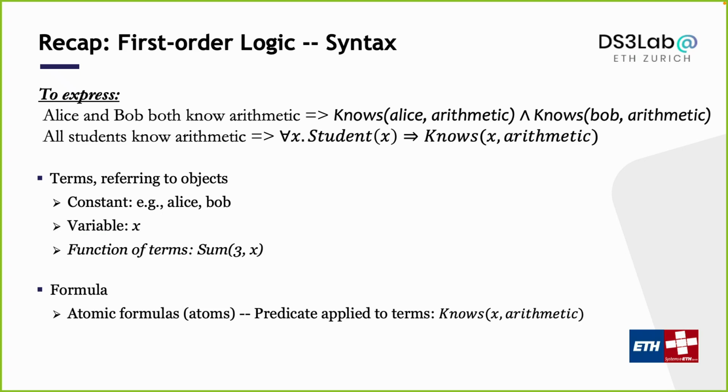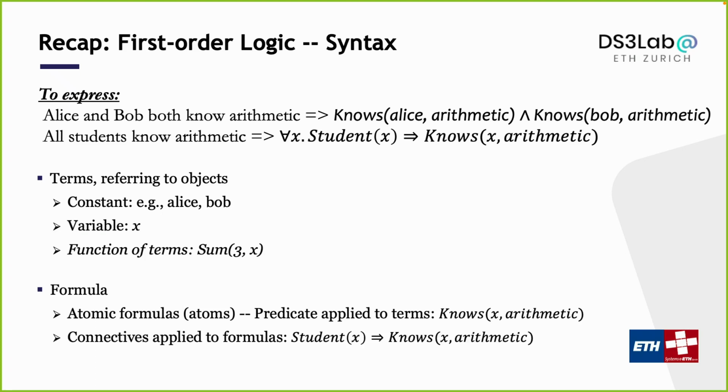This is an atomic formula, one formula. You can connect different formulas, for example, student(x) implies knows(x, arithmetic). On the left-hand side and the right-hand side of this implication, you have two formulas, in this case both atomic. You can connect them using logical connectives.